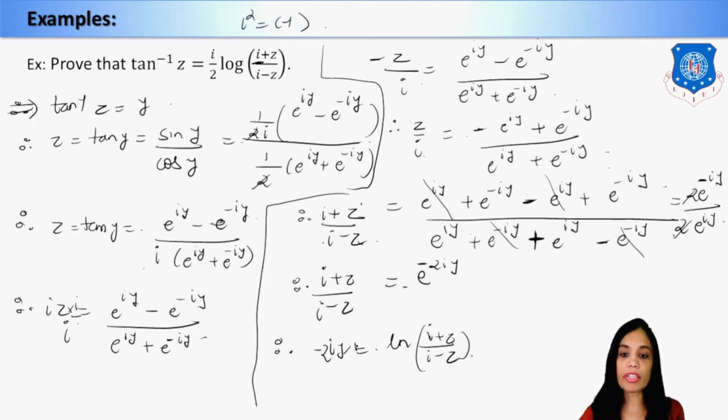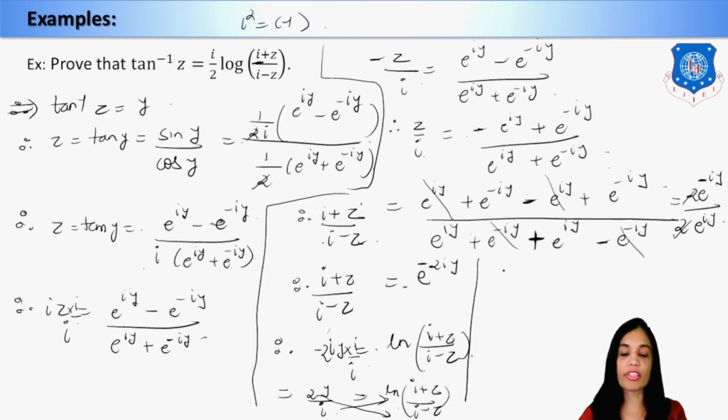Okay, now let us bring this on this side. But before that, multiply and divide by i. Always do this procedure to make i squared, so i squared will be minus 1. So what will remain? Only 2y upon i is equal to ln (i + z) upon (i − z). Now just take this i in the numerator and 2 in the denominator.